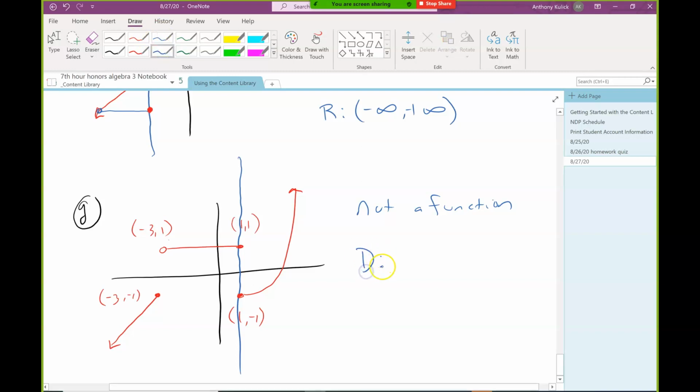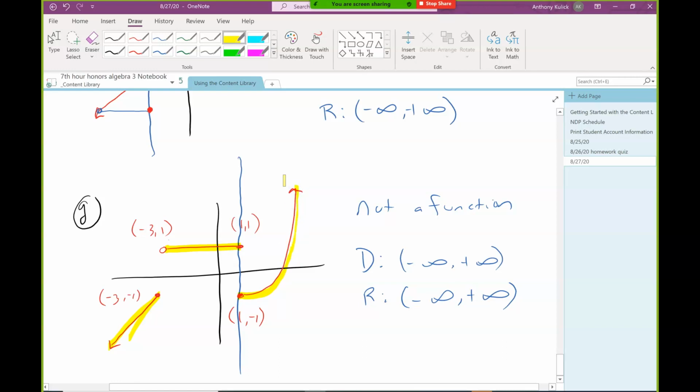Good. Yeah, so the domain is still negative infinity to positive infinity, and the range is still the same. Good. So for the domain, I have everything from negative infinity to negative 3, and then everything from negative 3 to positive 1, and then everything from positive 1 to positive infinity.